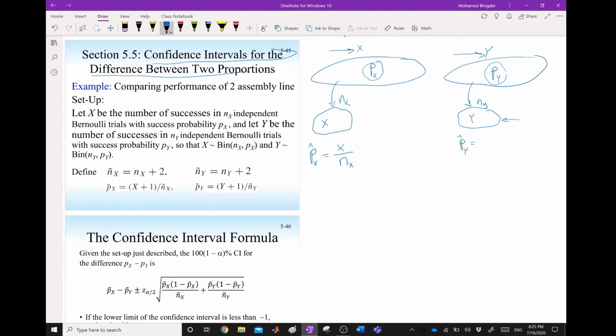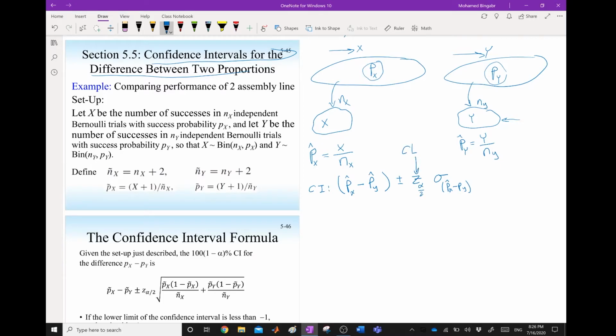Same thing here will be y, the number of successes in the sample, divided by ny. Now, if I want to compare the difference, then I need to find a confidence interval for px minus py. As before, the difference plus or minus the standard deviation of px minus py times z alpha over 2, which will be determined by the confidence level.